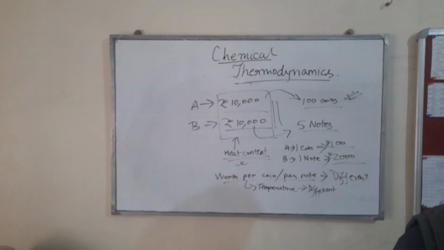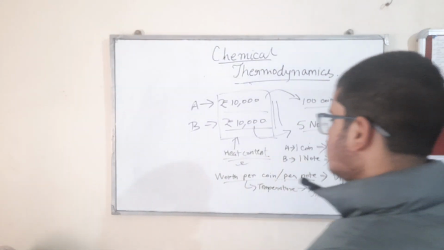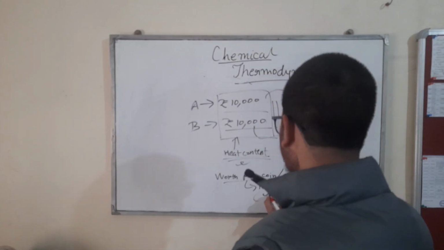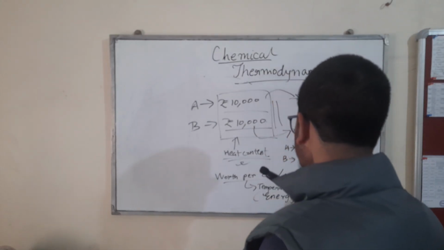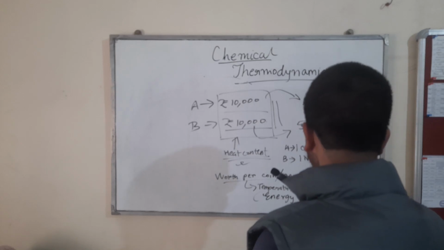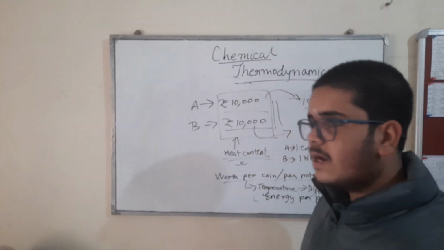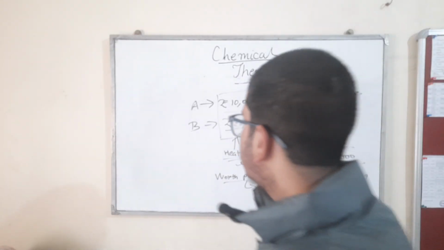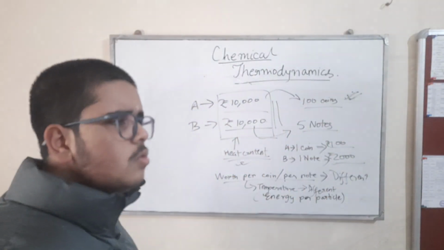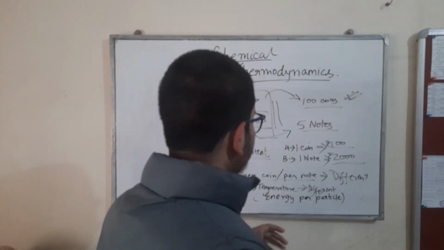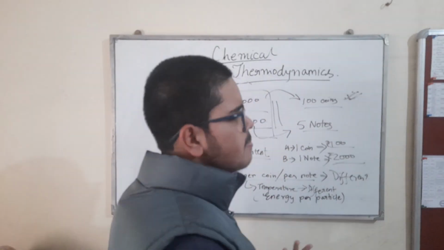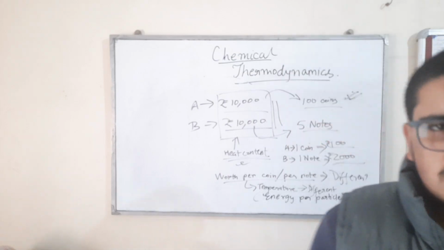So temperature can be understood as the energy per particle, like the worth per coin. This is one way to understand it. Heat content is the total energy of the system, and temperature is like the average, the energy per particle of the system. Right?